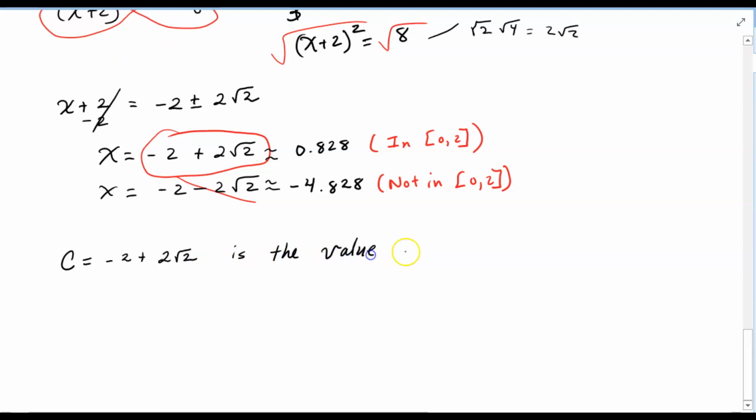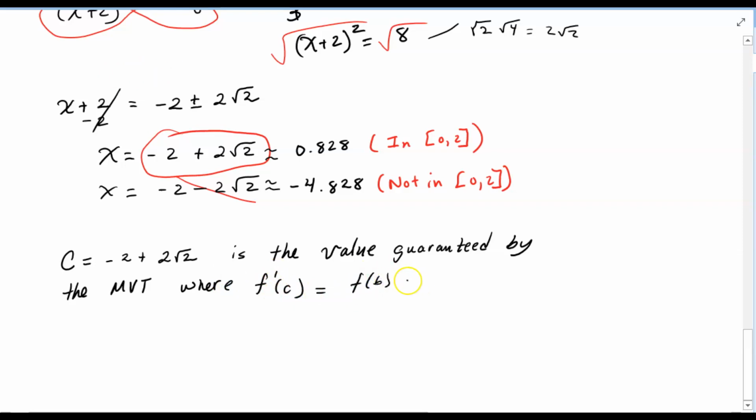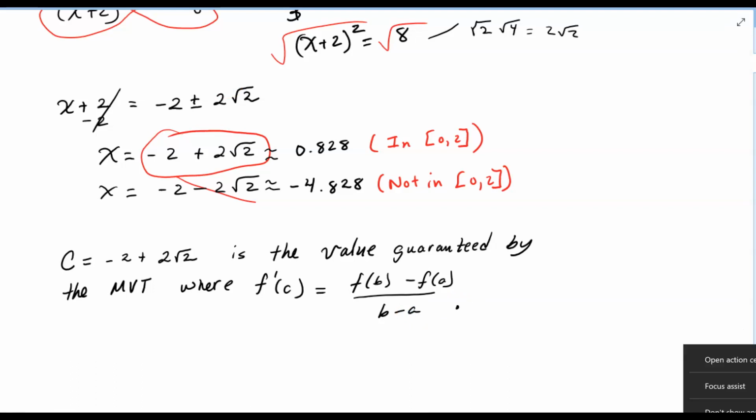This is the value guaranteed by the mean value theorem, MVT, where f prime of c equals f of b minus f of a over b minus a. In a nutshell, there is a place, this is the place, negative 2 plus 2 square root of 2, where the slope of the tangent equals the slope of the secant.